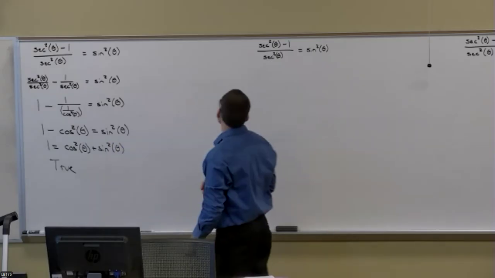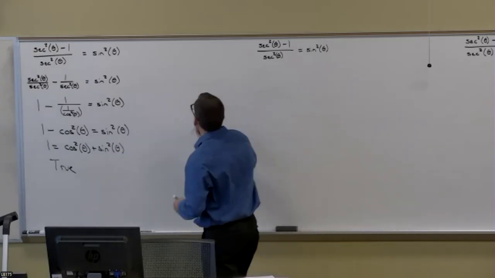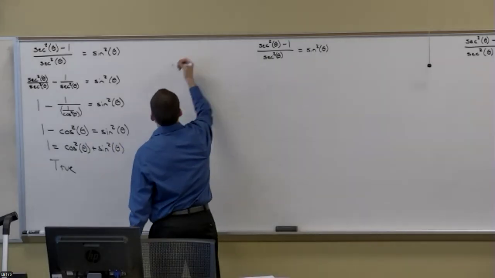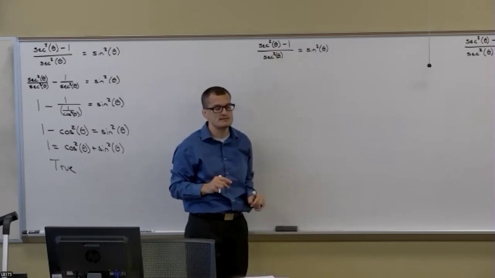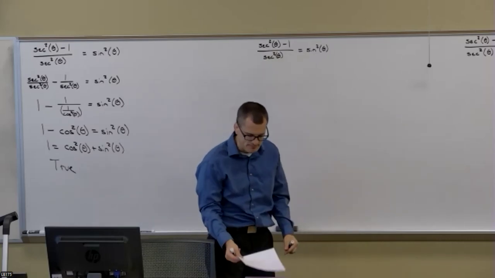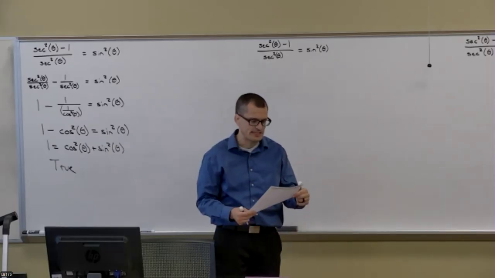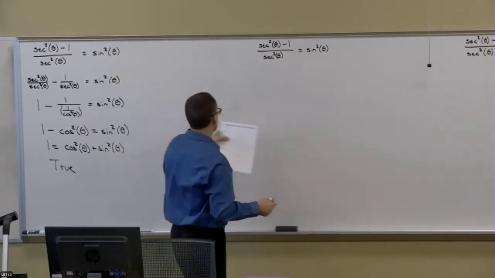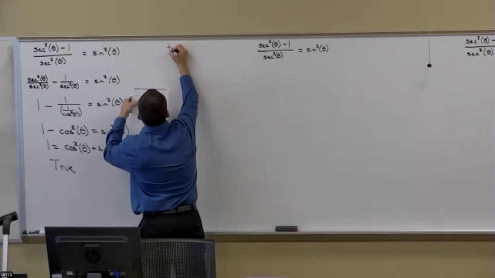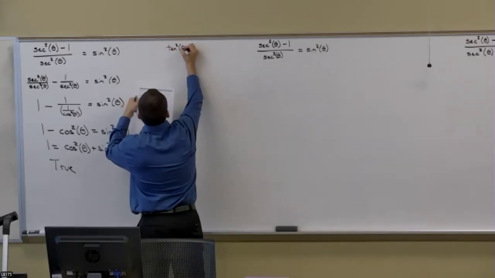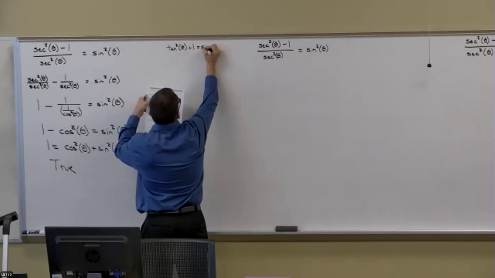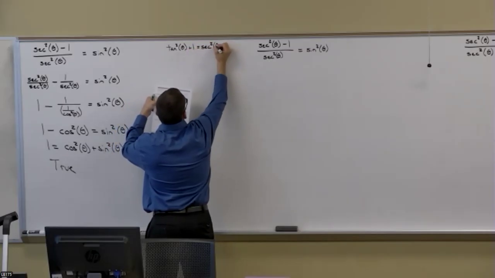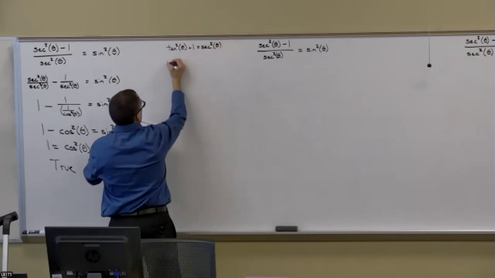Another technique that I saw was looking at, since this was dealing with secant squared minus 1, if I look at my Pythagorean identities with tangent and secant, we have tangent squared plus 1 is equal to secant squared of the same angle.